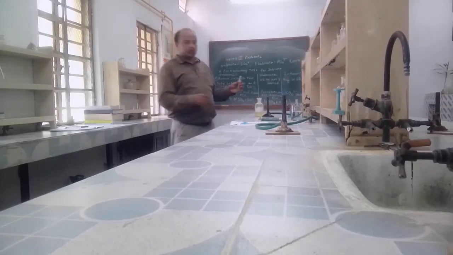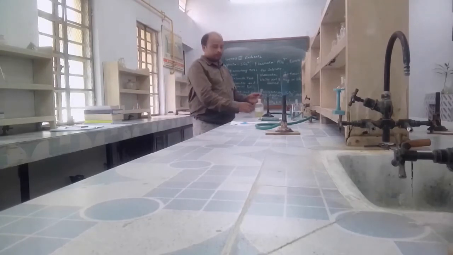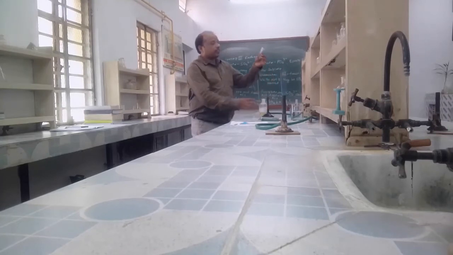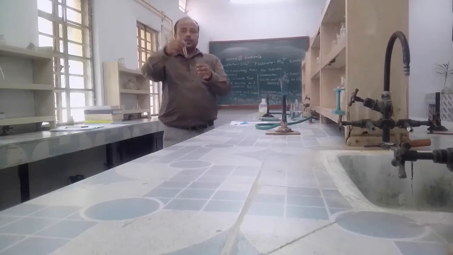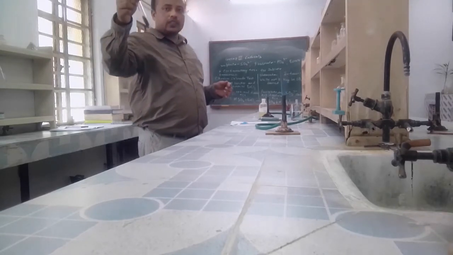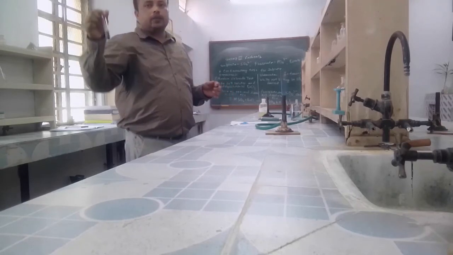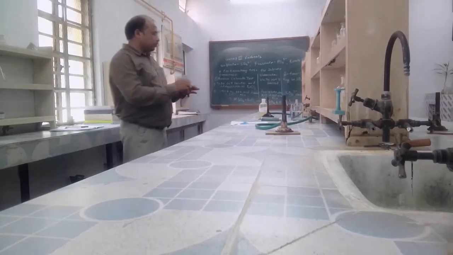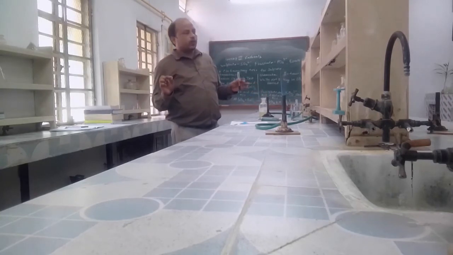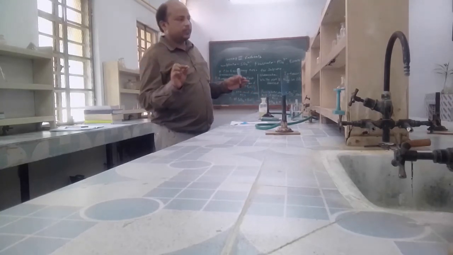And next we have to add H2S to this. You see here, student, as black color appears. What is the color? It is black in color, so we can say that copper may be present. Now what we have to do? Next, we have to add 50% solution of nitric acid in it.